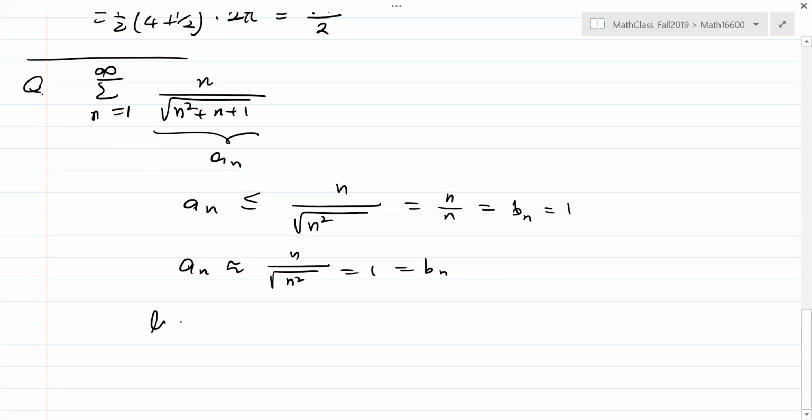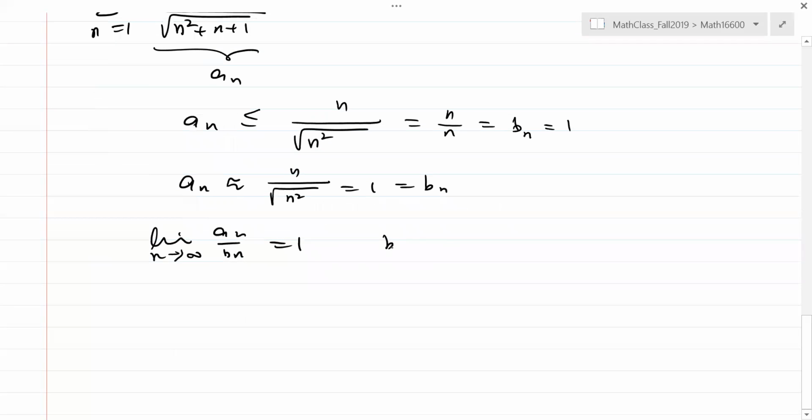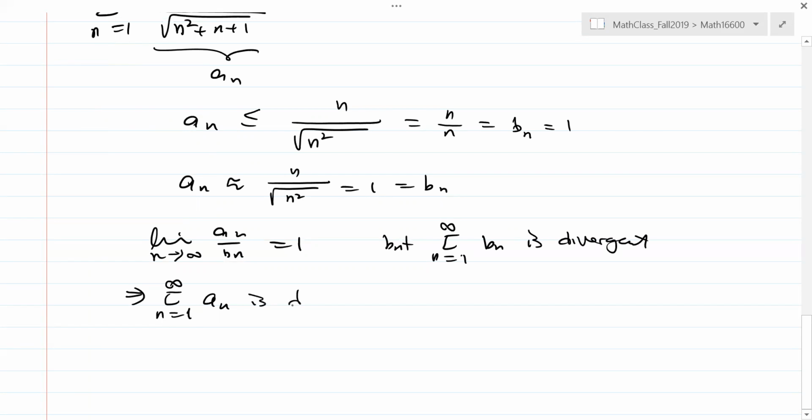Then the limit of a_n over b_n is going to be 1, but this series b_n is divergent. It's obvious, every term is equal to 1. So this implies a_n is divergent by the limit comparison test, not the comparison test.